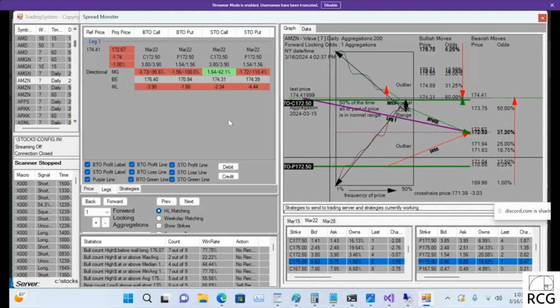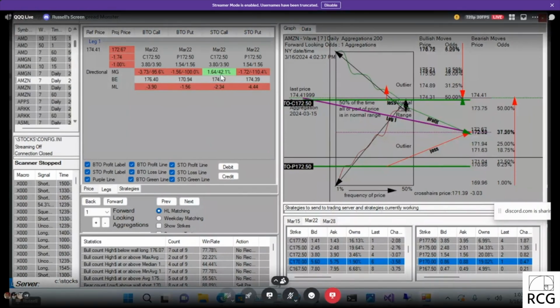Oh, so it's like, yes, this call option to sell is going to go down 42% most likely with ours. It's going to gain 42.1%. So when it shows up green, that means it's in the positive, and that means it's going to be 64.